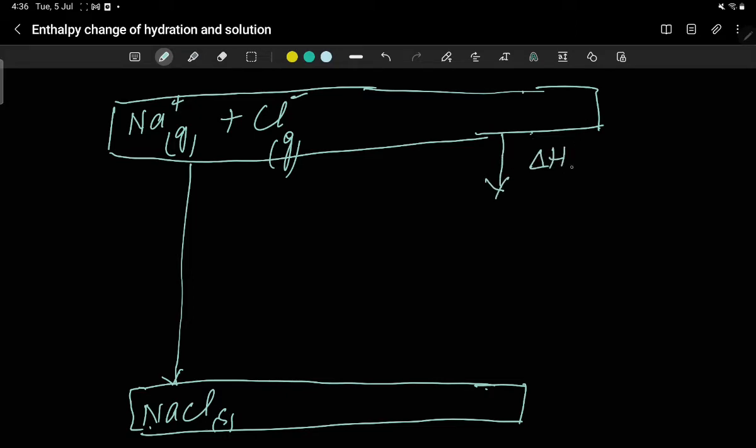Delta H hydration of sodium is equal to minus 390 kJ mol⁻¹ and it changes into sodium aqueous.